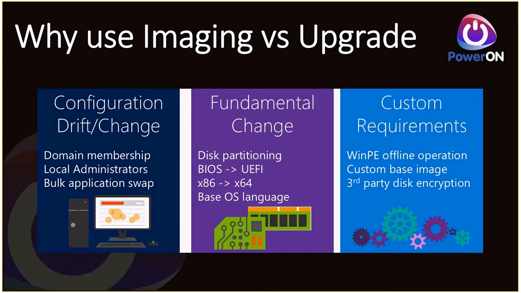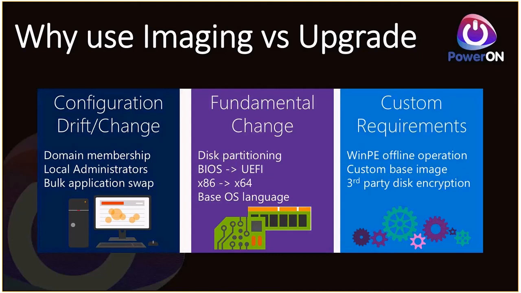Okay, so why would you use wipe and load or imaging as opposed to in-place upgrade? If you want to do a major configuration change, like change domain membership, or if you want to do major application changes, then a task sequence with wipe and load is probably the best option.